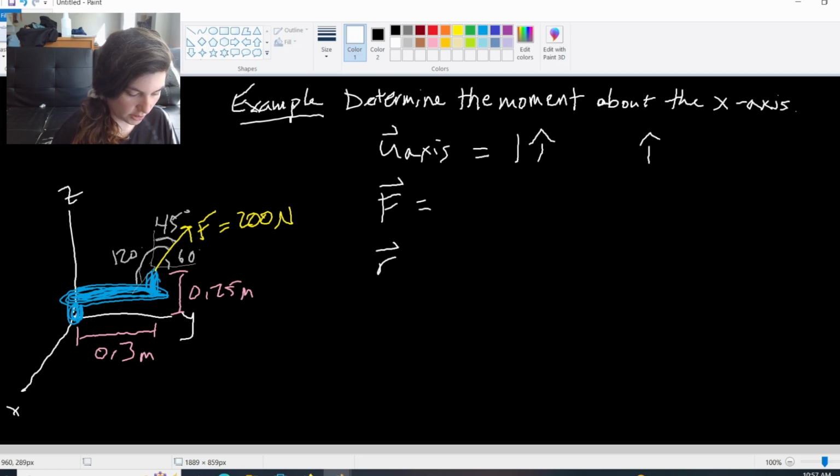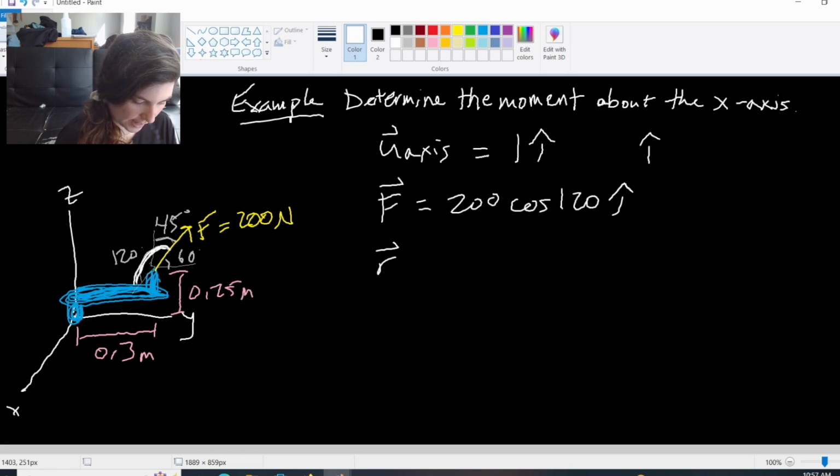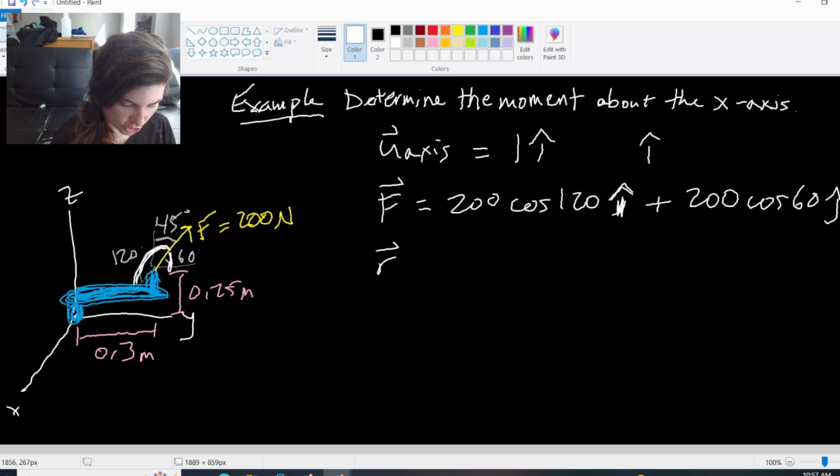So our force vector, we're going to get using our cosine alpha, beta, gamma equations. Our x component is 200 times cosine alpha. This x angle here is 120, so 200 cosine 120 i hat, plus our y component here is 60 degrees, so plus 200 cosine 60 j hat.